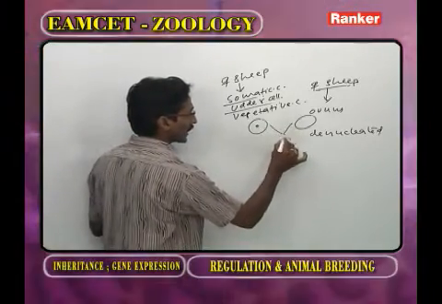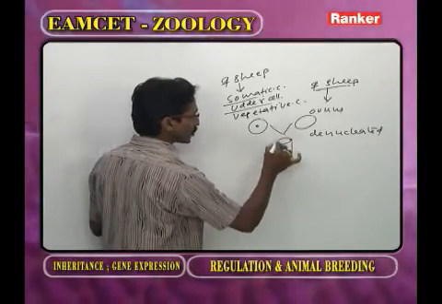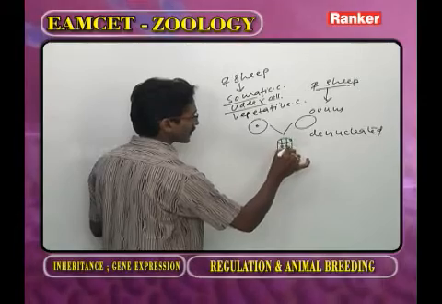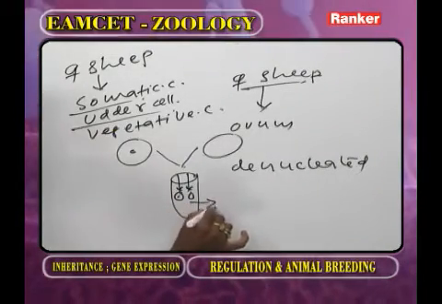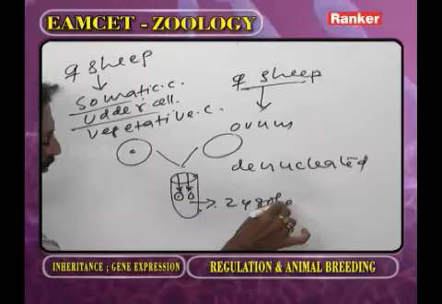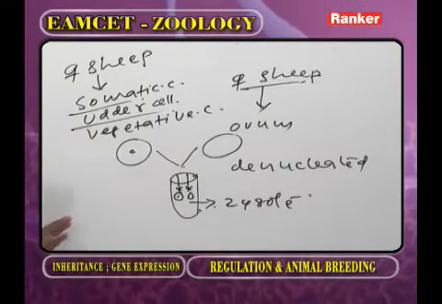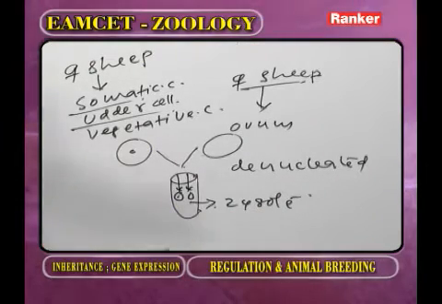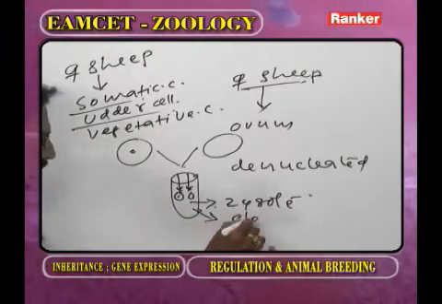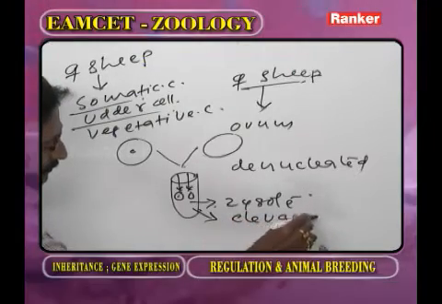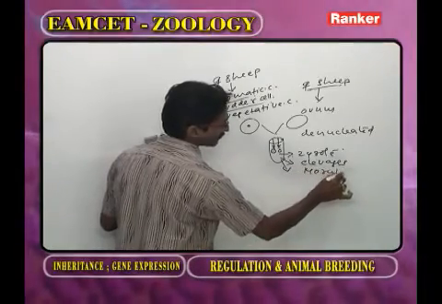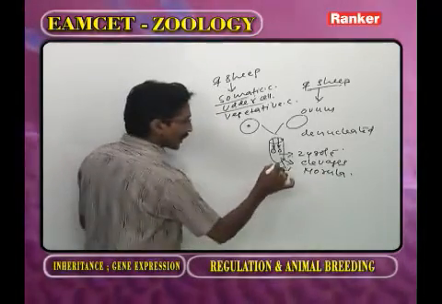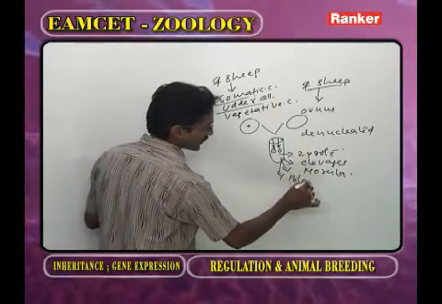Now in the laboratory these two are crossed. Now he got the zygote. Now because of the electrical stimulus, it undergoes cleavages and the zygote becomes the morula. The morula becomes blastocyst.